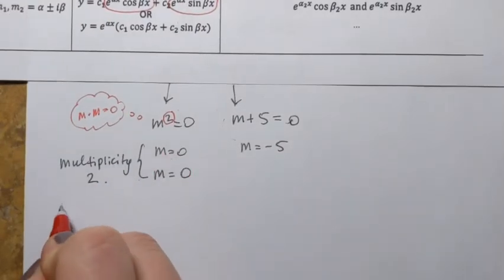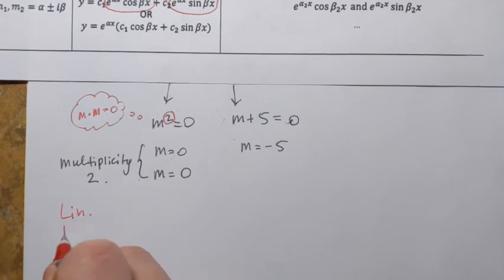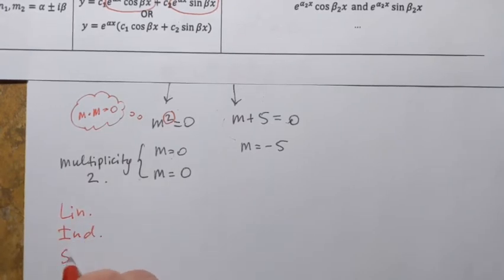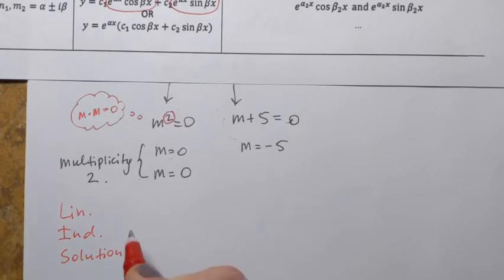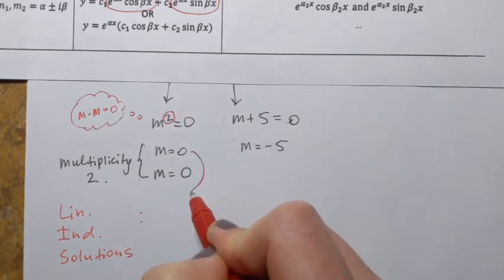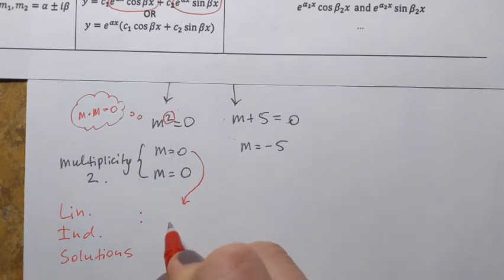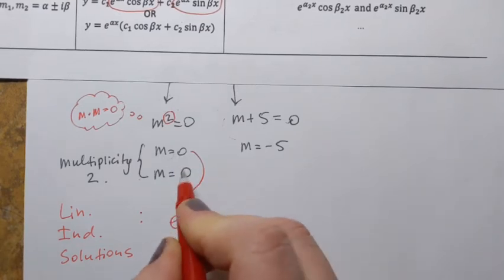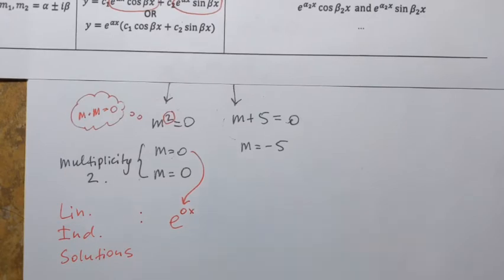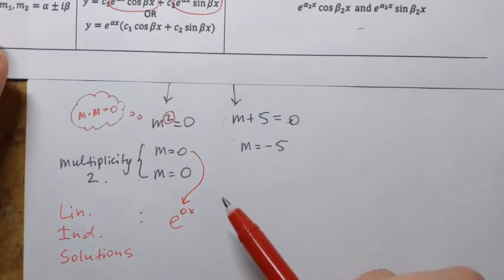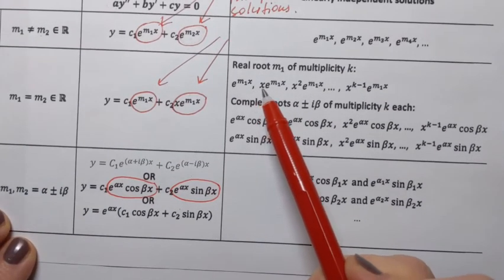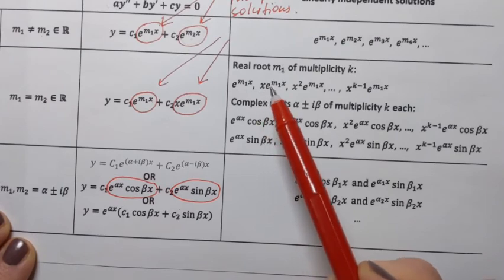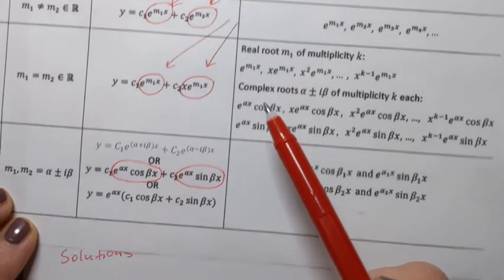So let me start writing. We'll say linearly independent solutions right here. So from this first root, I'm going to get a linearly independent solution e to the power 0 times x. But when we have repeated roots, the next one will be x times e to the same power.